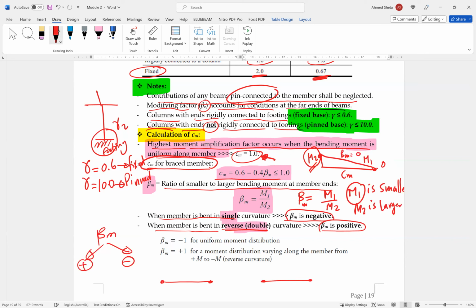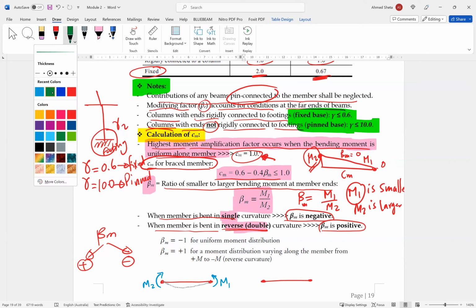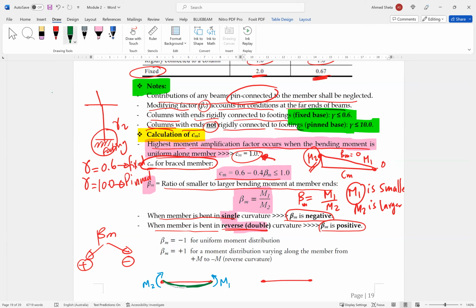If the moments are like this, let's say this M1 and this M2, the member will bend in this direction. So this is called single curvature. So single means negative. In this case, beta M will be negative.